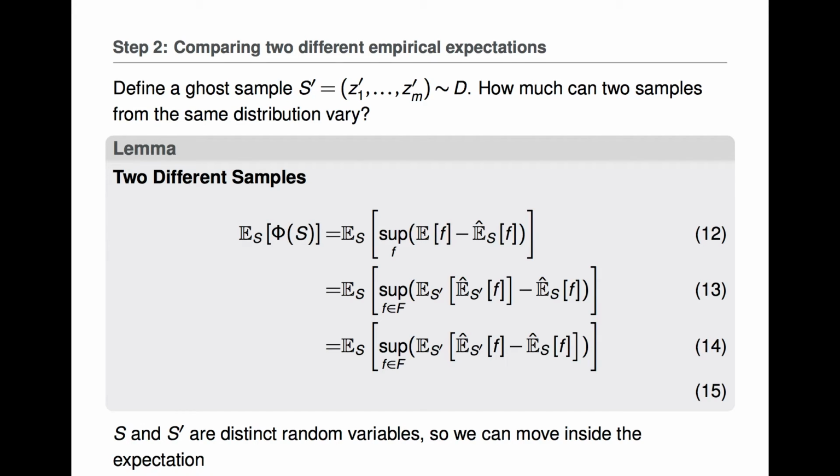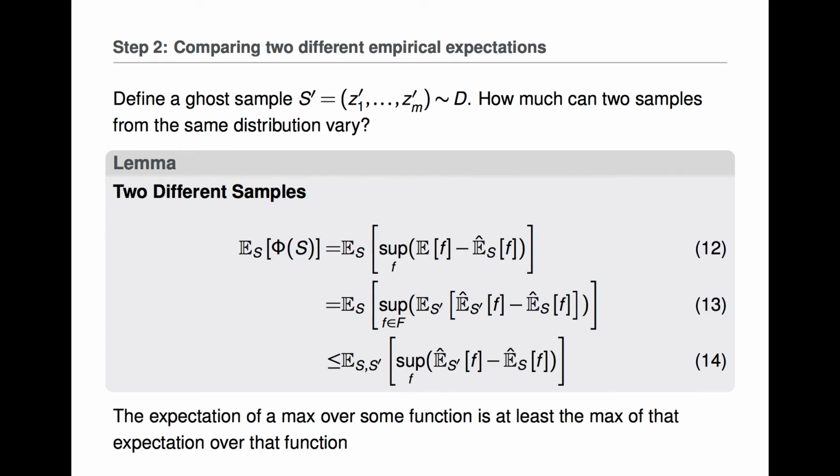If you're taking a supremum of an expectation, you can get rid of the expectation because the supremum of the argument to the expectation is going to be larger than the expectation, because you can think about the expectation as an average. So this gets rid of one of our expectations, and so now we have a nice difference of two expectations, 1 over a set S prime and 1 over a set S, each coming from the same distribution. And so now we need to figure out how much can these two sets differ.